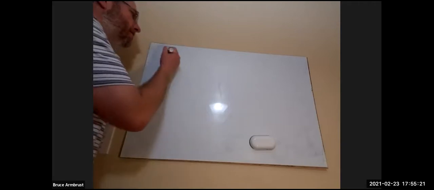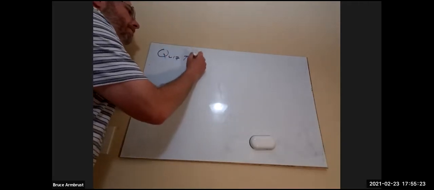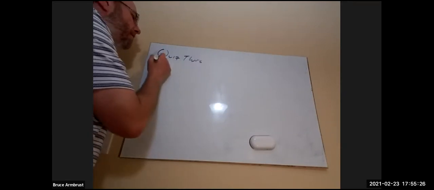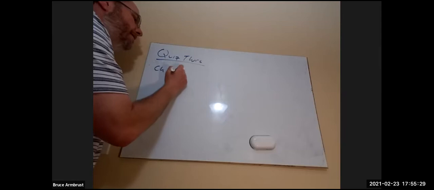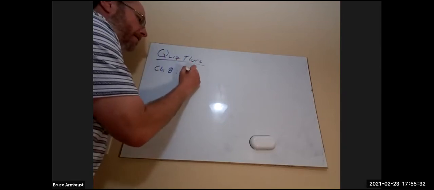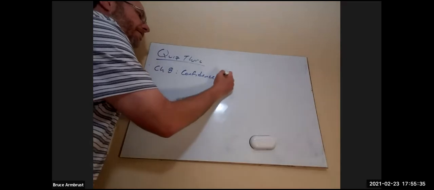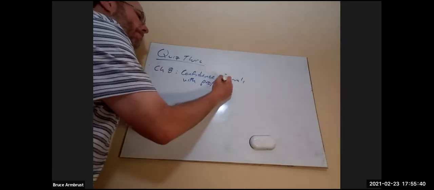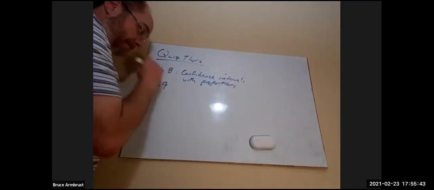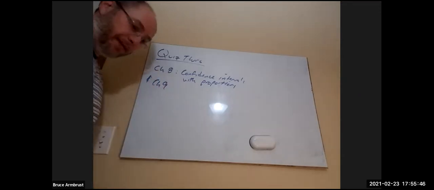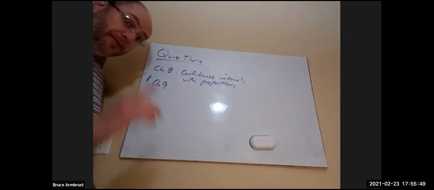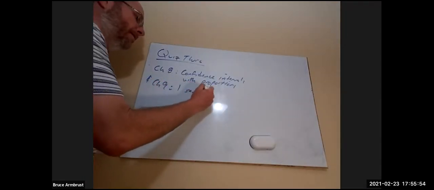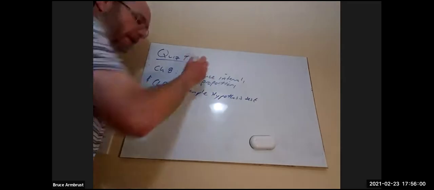Yeah, okay, so this one, the quiz on Thursday, it will be on chapter 8, at least the part on confidence intervals with proportions. And then chapter 9. And chapter 9 was hypothesis testing, but just for one sample. All right, so this is one sample hypothesis tests. Okay, so that'll be on Thursday.